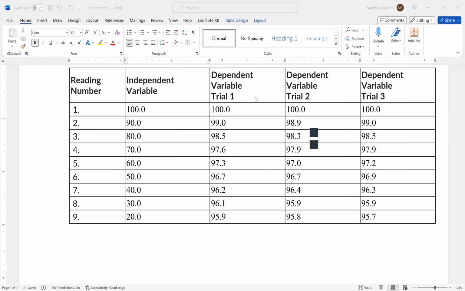All right, what do you think the title of the graph should be? What the title of the graph should be? Yes, like what are we graphing in this table? What are we graphing here? The heat of the water, the temperature of the water is on the x-axis, yeah.